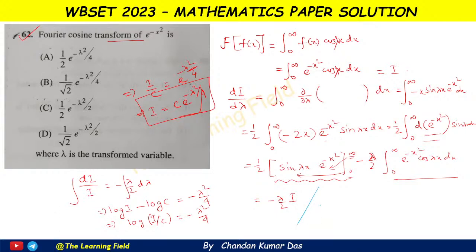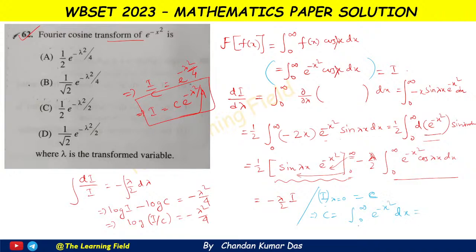Okay, so now if we put the initial condition lambda equal to 0, then I becomes simply c. That means c equals, from here, the value at lambda equal to 0, the integration from 0 to infinity of e to the power minus x square dx.